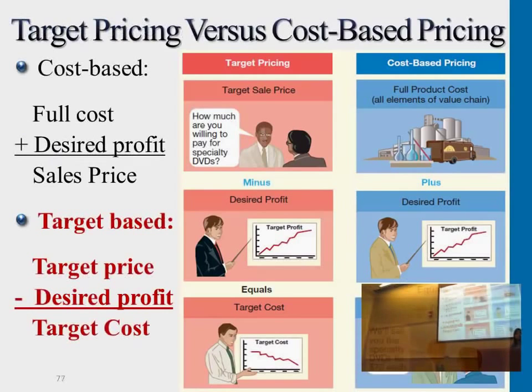Okay, so by doing this, a lot of the business goes backwards, meaning that instead of producing the products first, marking up a price, and then trying to figure out how do we meet target profits or target sales price, a lot of the companies now try to figure out what is customers' target price.